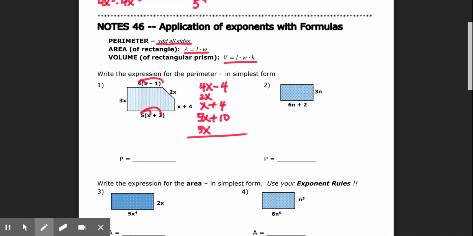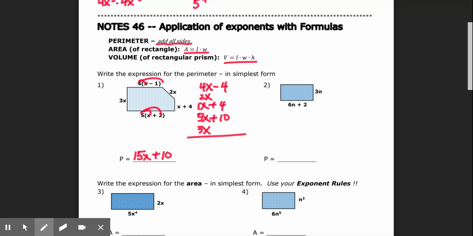So 4 plus 2 is 6, plus 1 is 7, and 7 and 5 is 12, and 12 and 3 make 15x. And then negative 4 and positive 4 cancel out. So that leaves us with just 10.